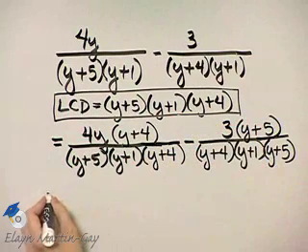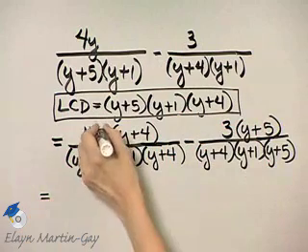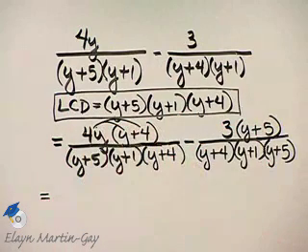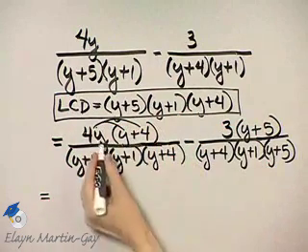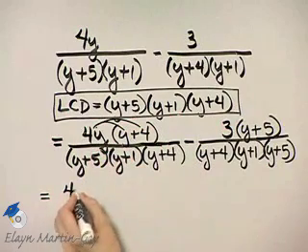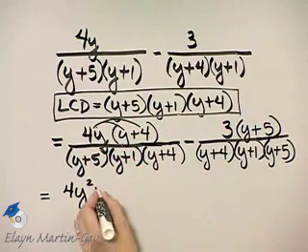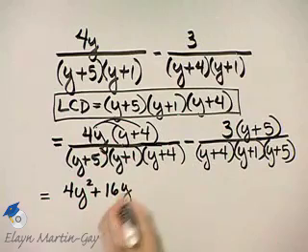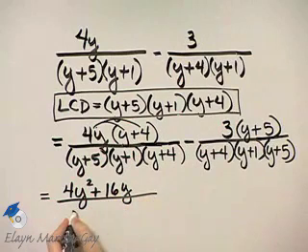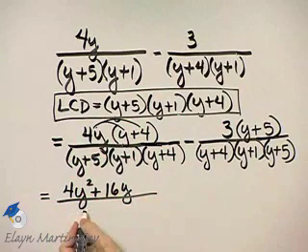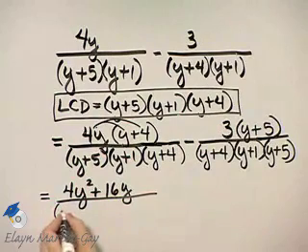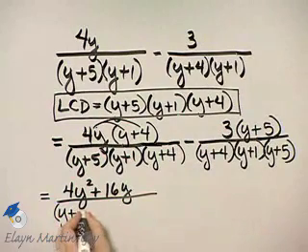Now let's go ahead and, in the first numerator, multiply. I have 4y squared plus 16y all over. Now if you want to save space, you can write LCD, least common denominator, but for our purposes, I better go ahead and write it out.